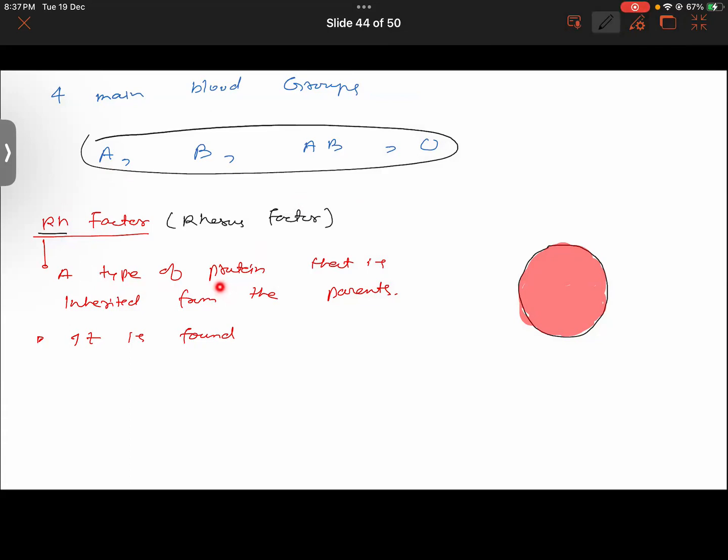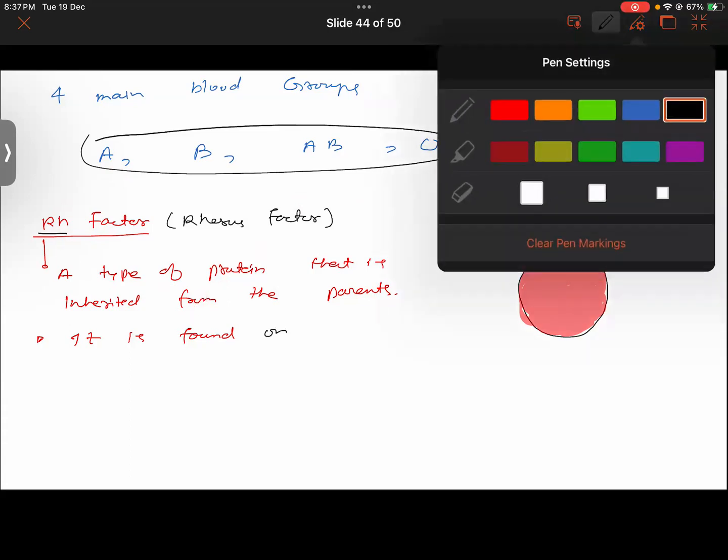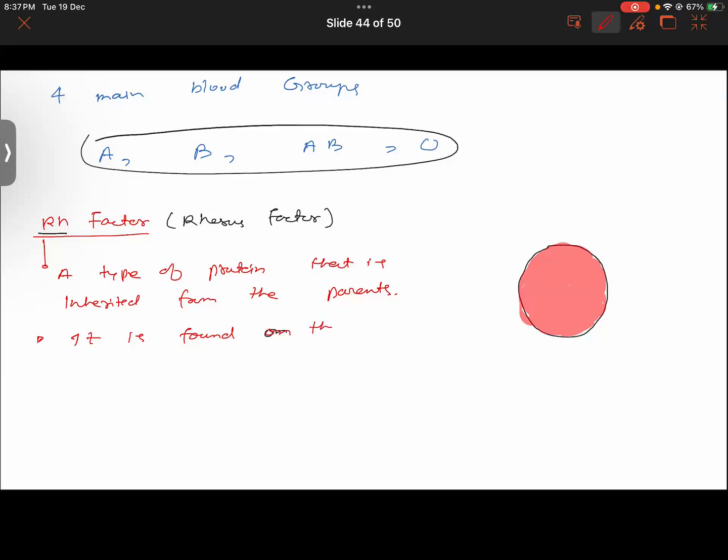Now, it is found on the surface of red blood cells. If someone's blood group is positive, it means that the red blood cells have Rh protein over them.